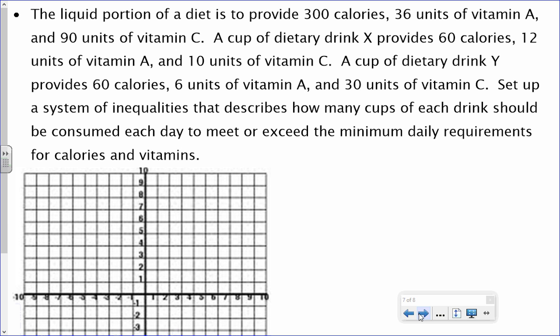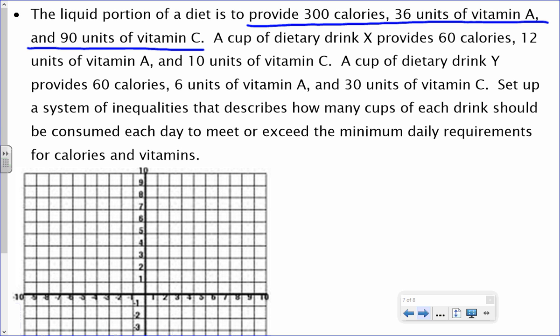A liquid portion of a diet is to provide 300 calories, 36 units of vitamin A, and 90 units of vitamin C. Just write page 514, example 9. That way you don't have to write all of this down.